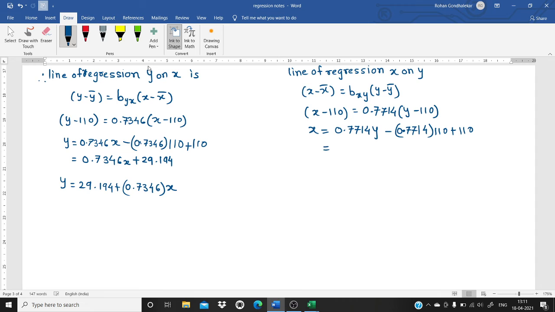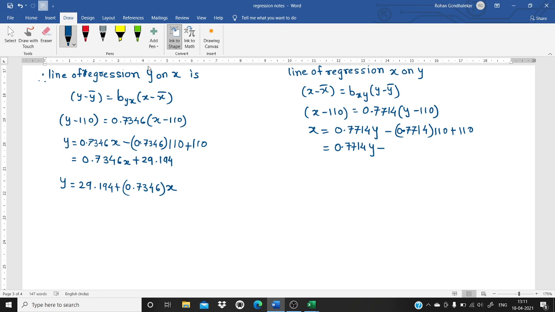So this is equals to 0.7714y minus, okay, we need to get this addition. What is that addition? Minus 0.7714 multiplied by 110, that is minus 84.854 plus 110.